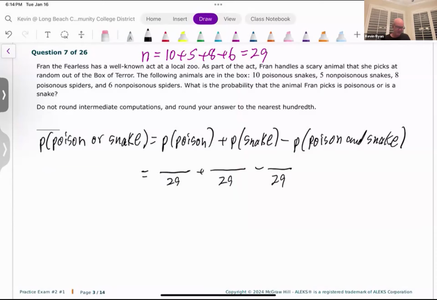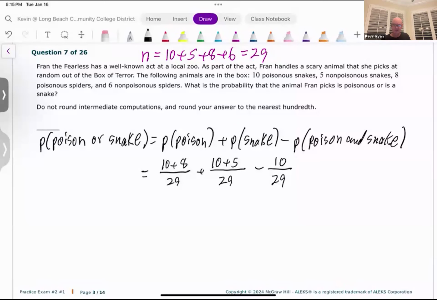All right, so how many of the animals are poisonous? There are 10 poisonous snakes, and there are 8 poisonous spiders. How many snakes are there total? There's the 10 poisonous plus the 5 non-poisonous. And how many are poisonous snakes? That's going to be 10. Notice I used the 10 twice on this one. That's why we have to subtract one of them out.